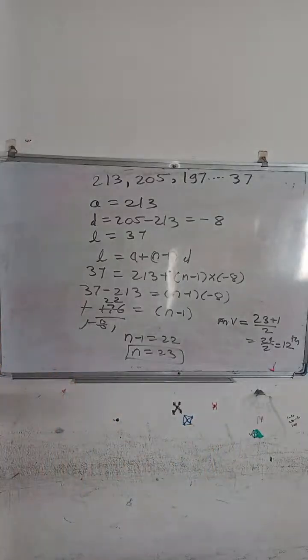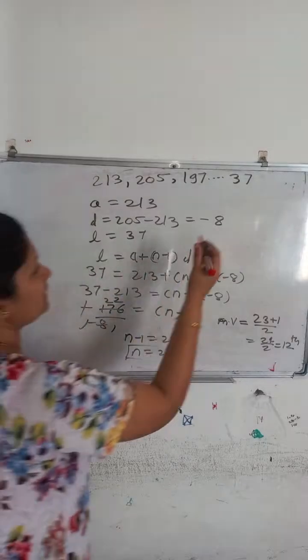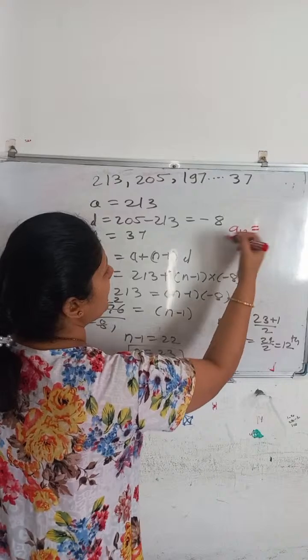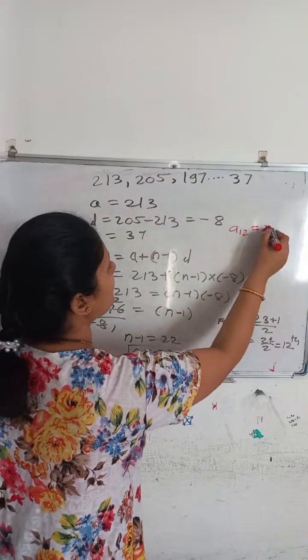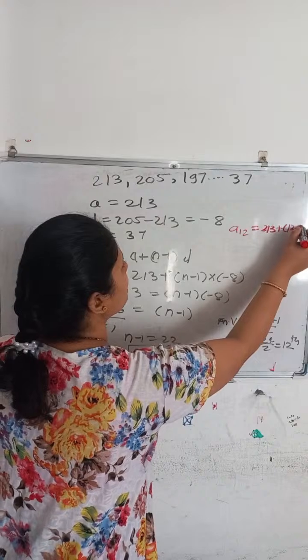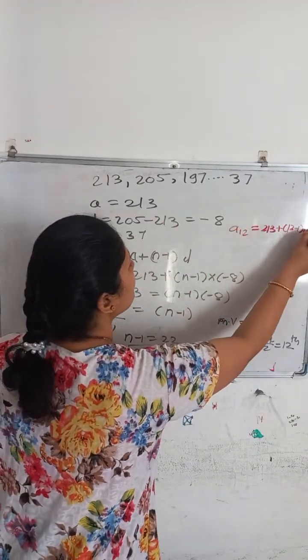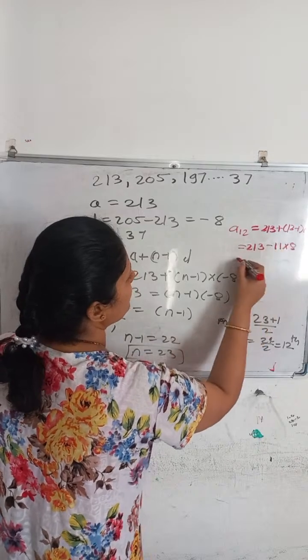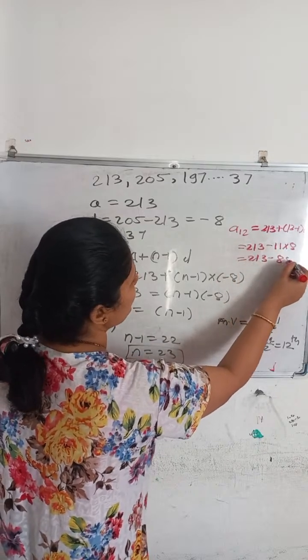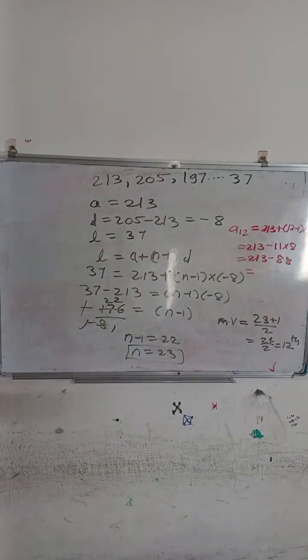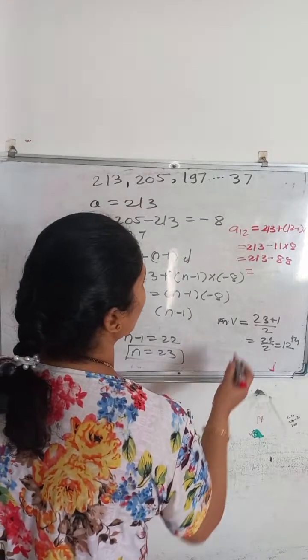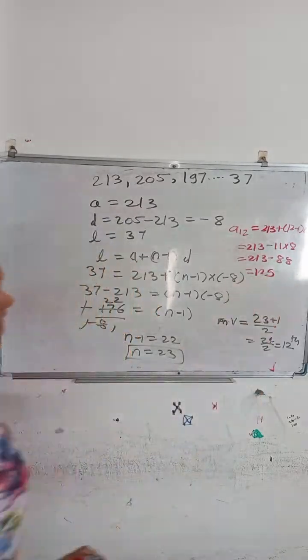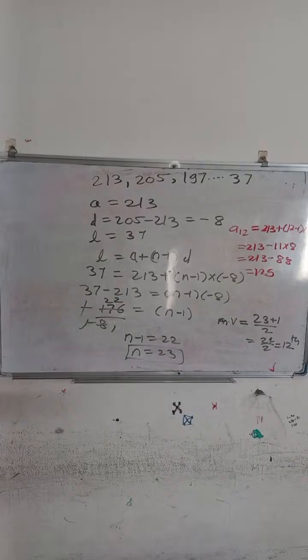Now we calculate a12: a is 213, plus 12 minus 1 into the common difference minus 8. That is 213 minus 11 into 8, so 213 minus 88, which is equal to 125. So this is the answer.